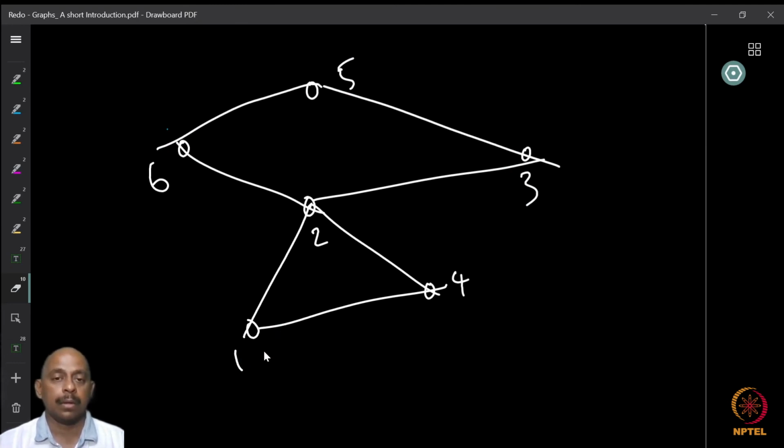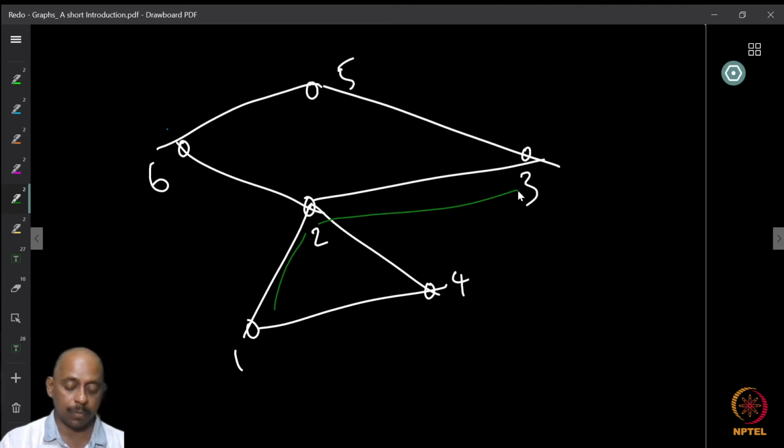Now, if you look at this graph, you can clearly see many of its subgraphs immediately. For example, I can just look at the graph formed by 1, 2, and 3, which is a subgraph, of course. The vertex set is a subset, the edge set is a subset, and therefore I see a subgraph clearly. Similarly, I can add more, maybe 1, 2, 3, and 6. So I have a subgraph on 1, 2, 3, and 6.